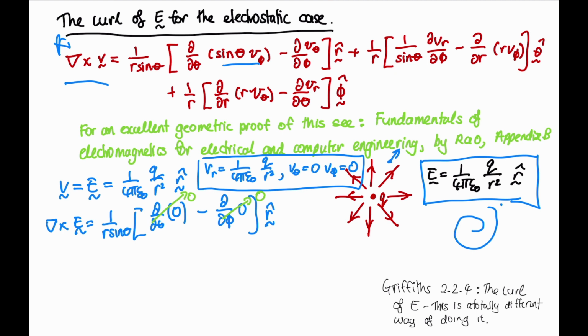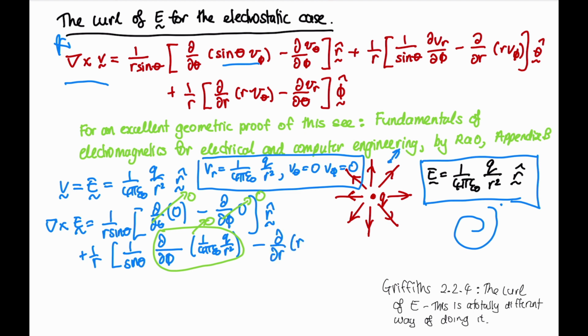And then we've got plus 1 over r times 1 over sine theta d phi of V_r. Now V_r is not 0. This is equal to 1 over 4 pi epsilon naught q on r squared. But because this is totally independent of phi, when we take the derivative of this, the derivative is 0. So this thing here is also 0. And then we've got minus dr of r V phi, which is times 0, so that's 0.